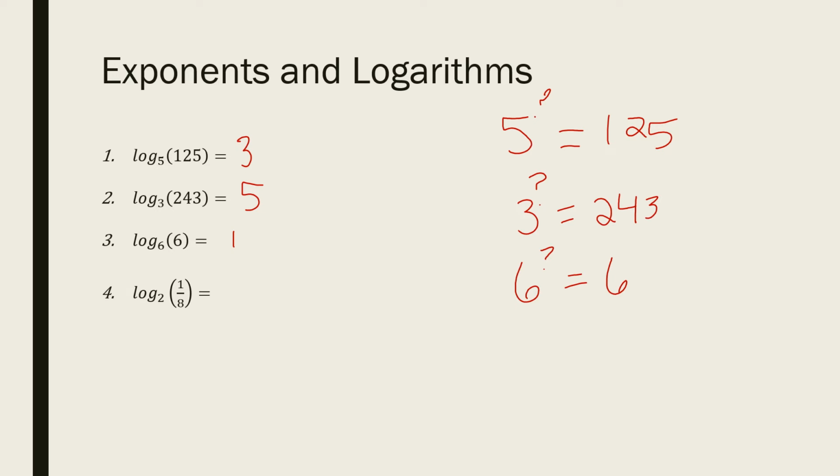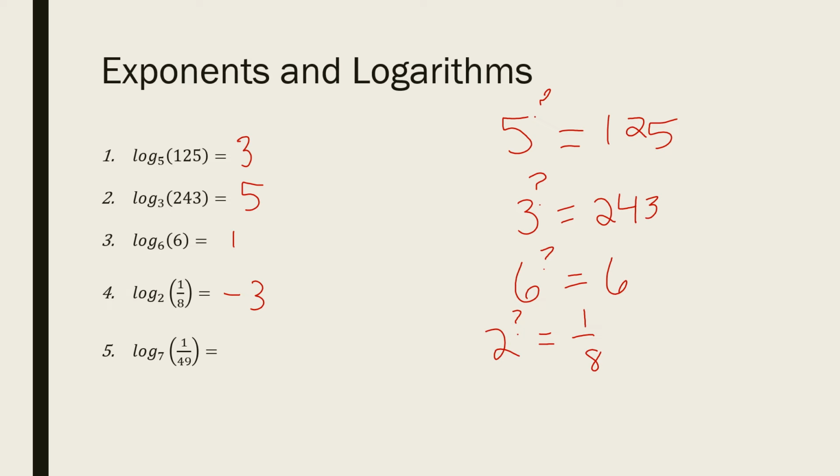Next, log base 2 of 1/8. Here you want to ask yourself, 2 to what power equals 1 over 8? Well, we know that 2 to the third power is 8. That means that 2 to the negative third power is 1 over 8. So our answer is -3. One more of these.